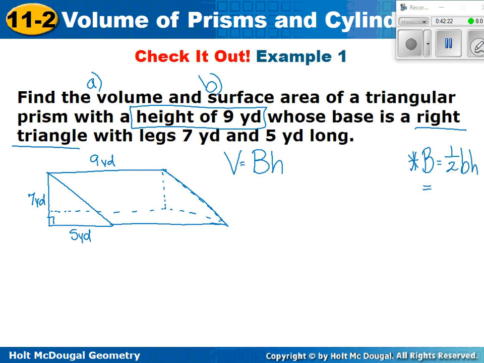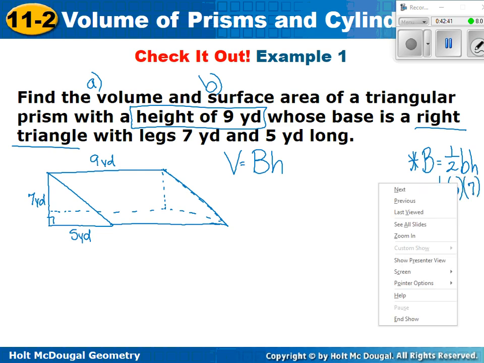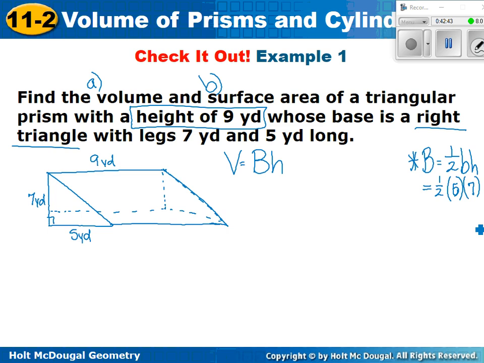In a right triangle, what are your base and your height? In this picture, it's going to be the 5 and the 7 because it's always the two legs. The base and height of a right triangle are always your two legs. So we'll have 1/2 of 5 times 7. That's a 5, not a 6. Sorry, it looks like a 6, but it's a 5. All right, what's 1/2 of 5 times 7?